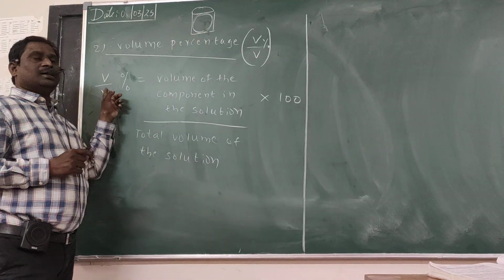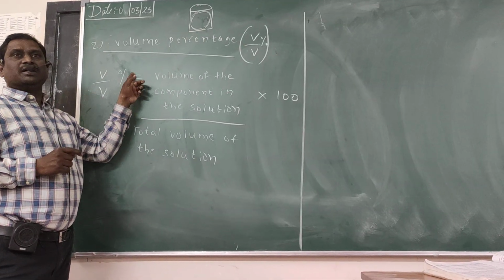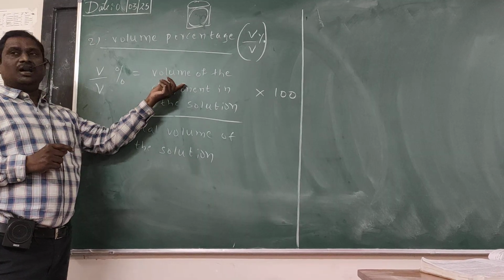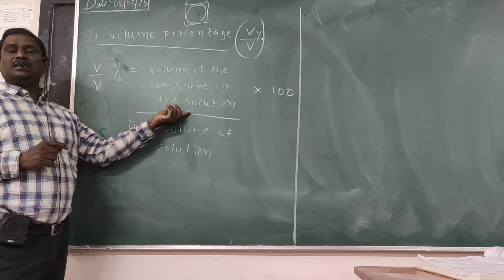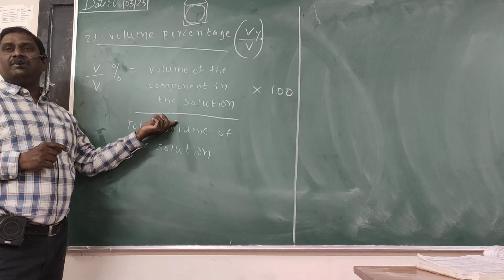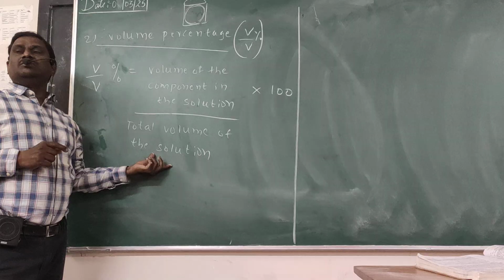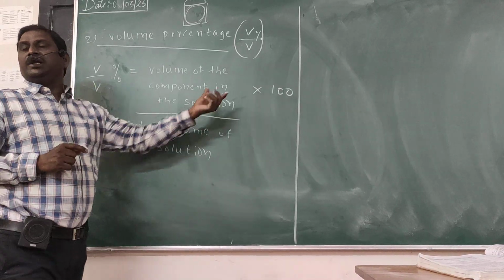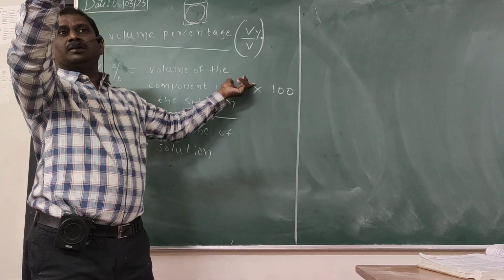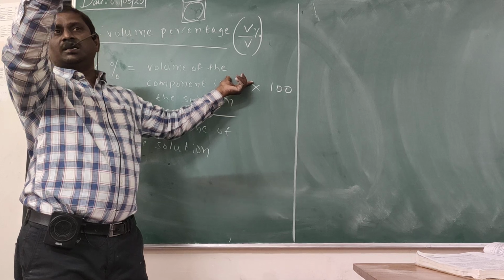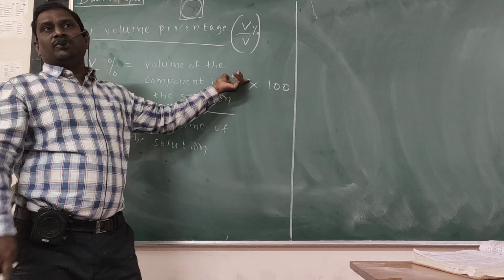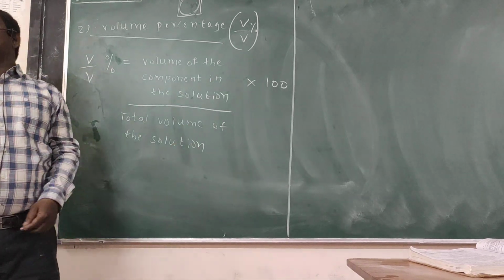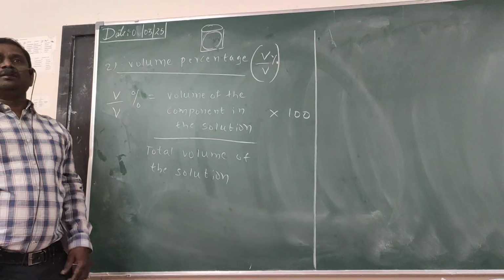So what is the formula? V by V percentage is equal to volume of the component in the solution divided by total volume of the solution into 100. That is called V by V percentage.